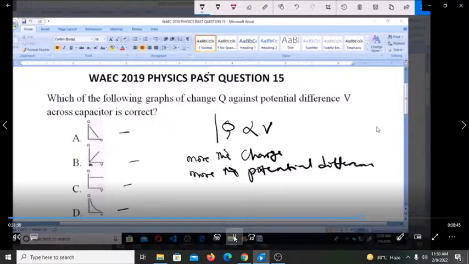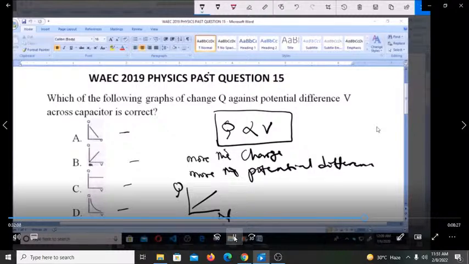So there is supposed to be a direct proportionality between Q and V. And in mathematics, when there is direct proportionality, we have this. Because as Q is increasing, V is also increasing.